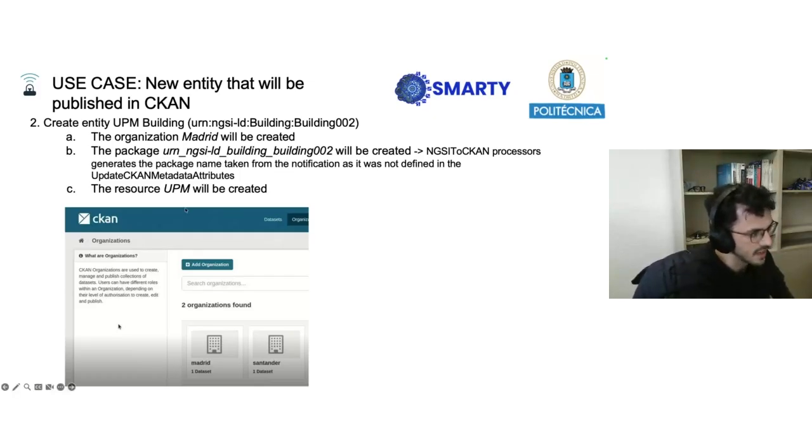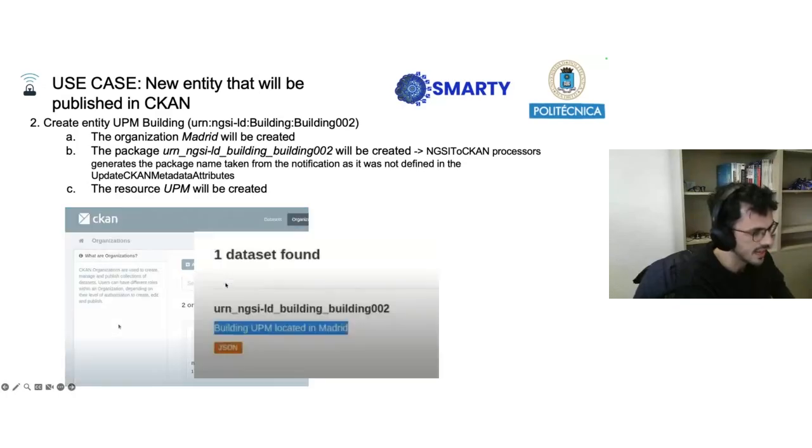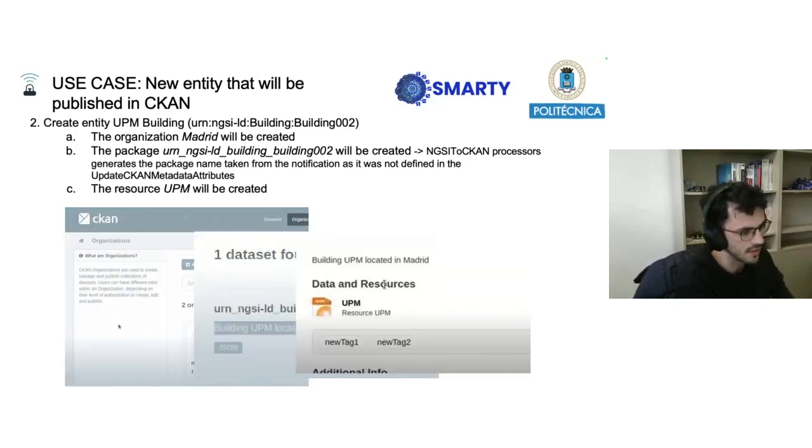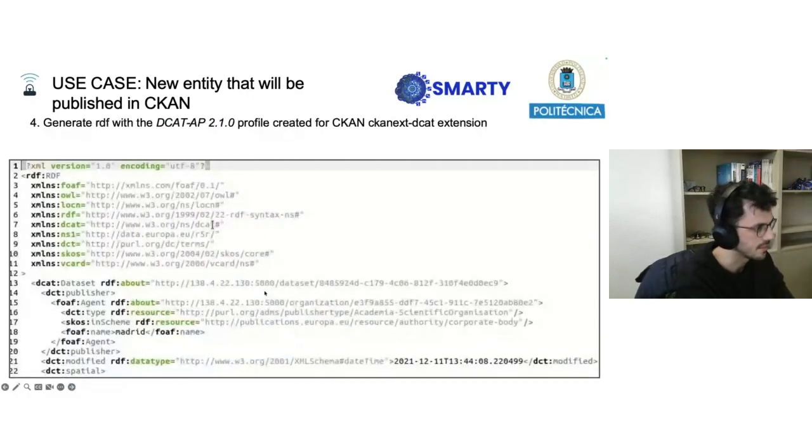And the organization appears automatically with the city, in this case Madrid, and you see here another city, Santander, from another test that we made. And also the data set, and the different resources related to this data set.